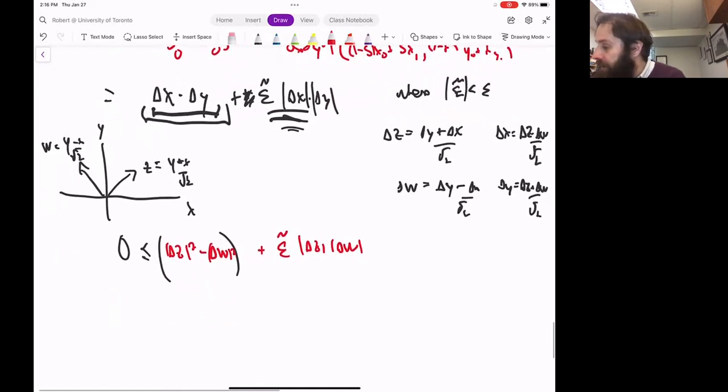Right, so it can be controlled, better yet, it can be controlled by delta z squared plus delta w squared. There we go.